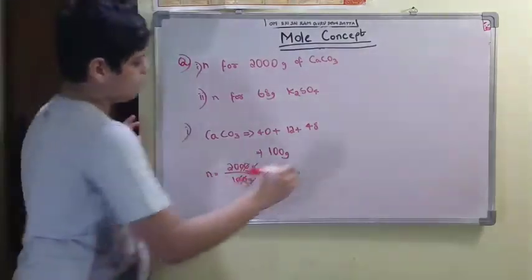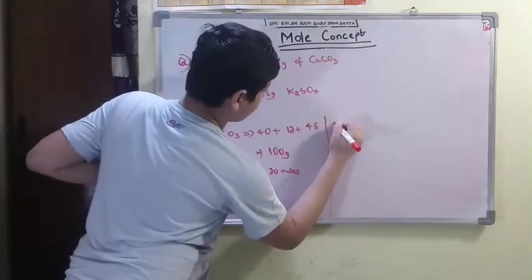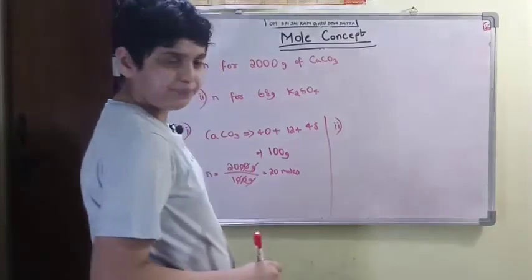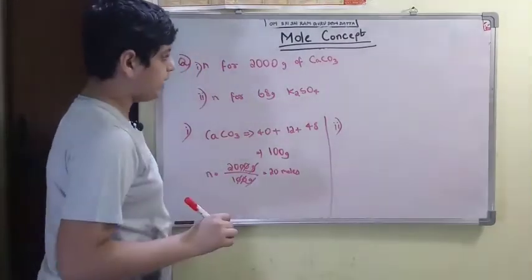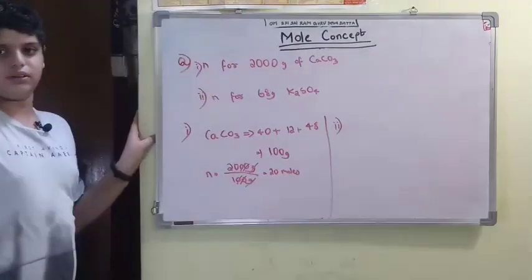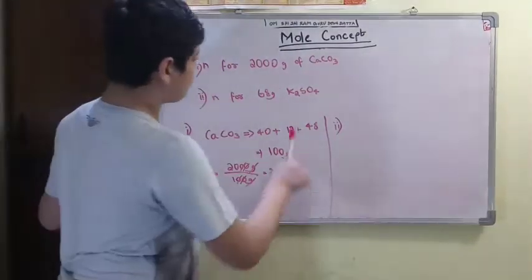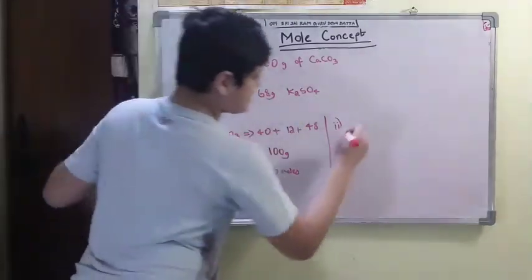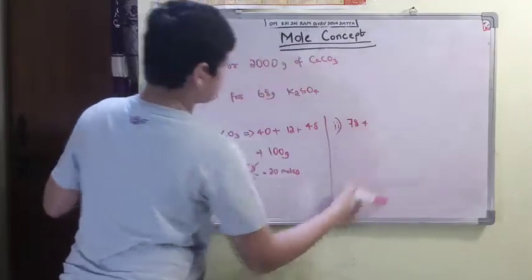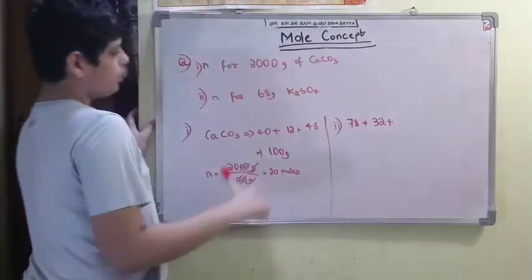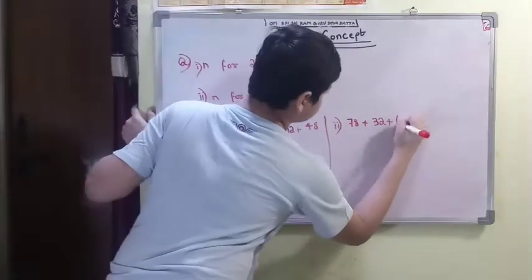So for the second one, K2SO4, the mass of potassium is 39 grams. So 39 into 2, which is 78, plus sulfur 32 grams, plus oxygen 16 into 4, 64.